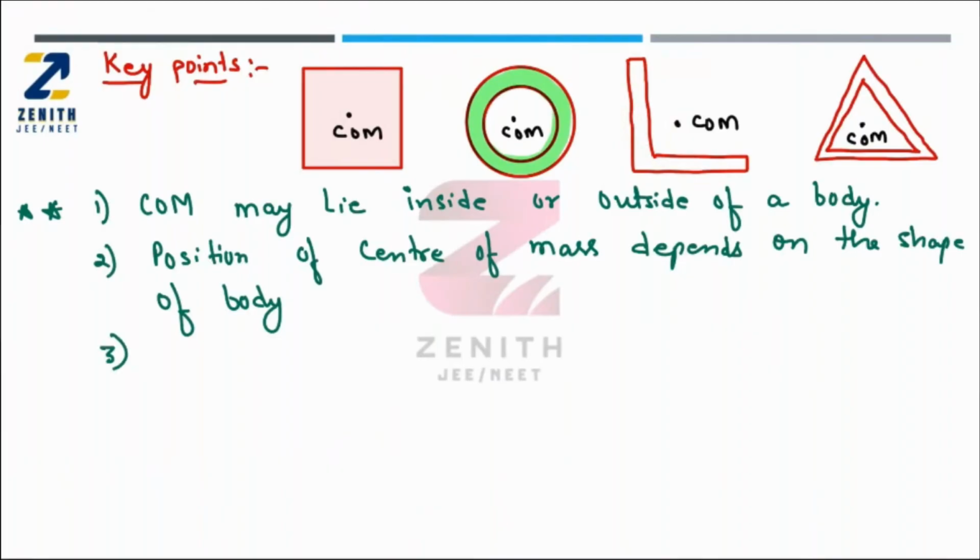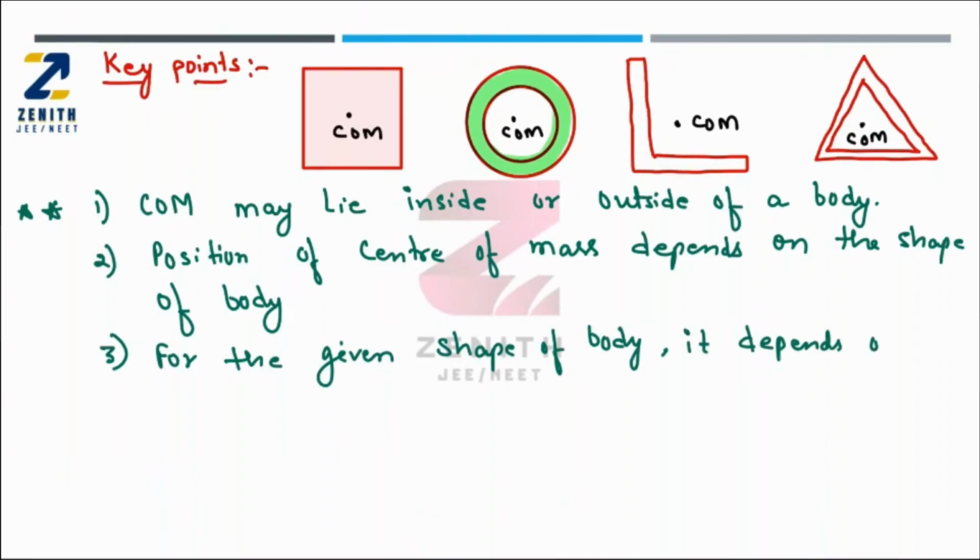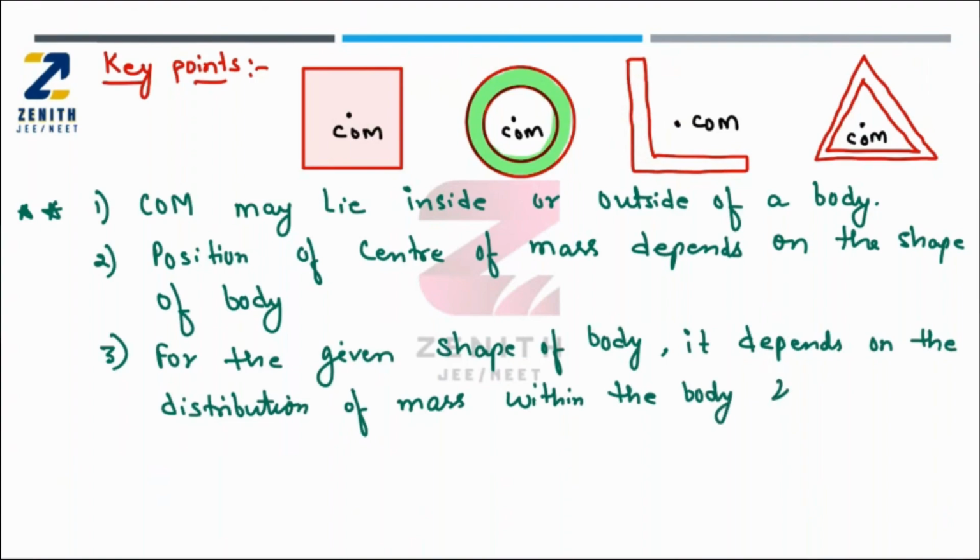Okay. Third one will be for the given shape of the body, the center of mass depends on the distribution of mass within the body, and it is closer to the heavier side.